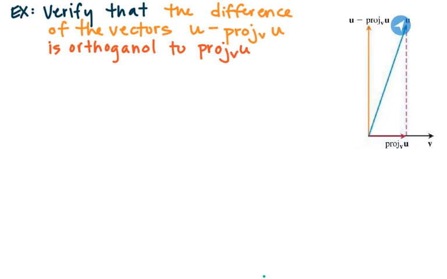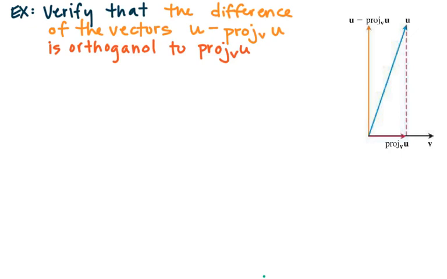So here we have vector u in blue and vector v in black, and the projection occurs when we drop that 90 or that perpendicular down to vector v. So this red vector represents the projection of u onto v. We are wanting to show that the difference of u minus that projection is perpendicular or orthogonal.